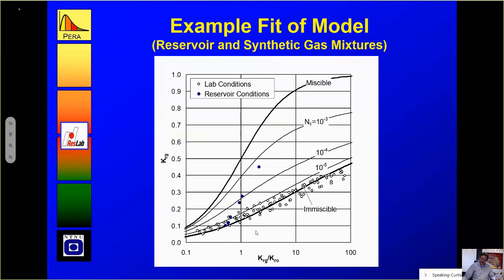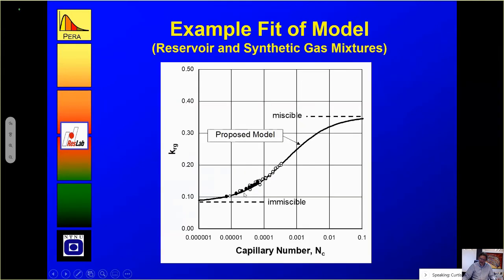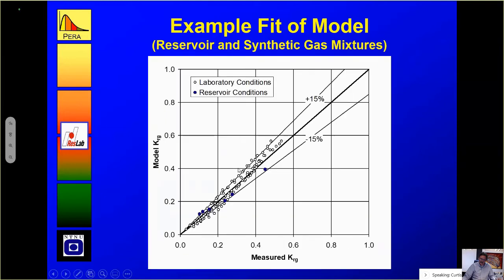They got the high capillary numbers by creating mixtures at high pressure and very low IFT. And this is just an example for all of the data. I think for this and other KGKO ratios, the entire data set basically gives a plus or minus 15% on the KRG for all mixtures and all capillary numbers that were measured.